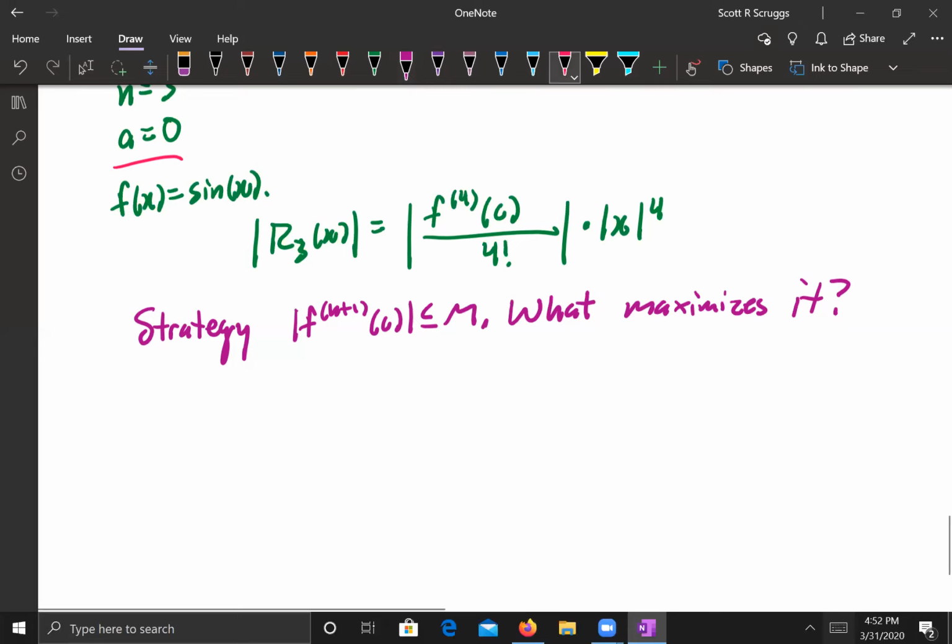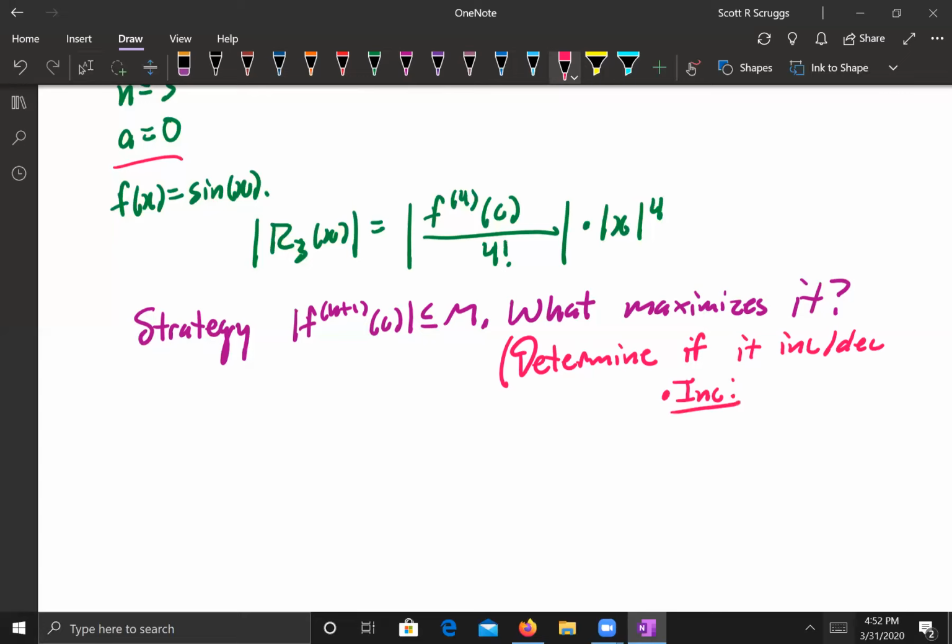And the way to figure that out is to determine if that function increases or decreases. And the reason why I say that, if it increases, we're choosing the right endpoint.